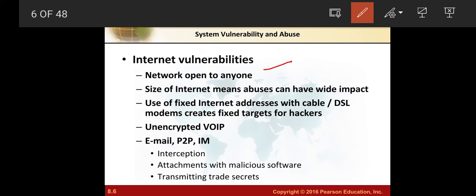Another is use of fixed internet addresses with cable or DSL modems, which creates fixed targets for hackers. Another thing is unencrypted VoIP. Another is email, P2P and IM, with interception and attachments with malicious software transmitting trade secrets.